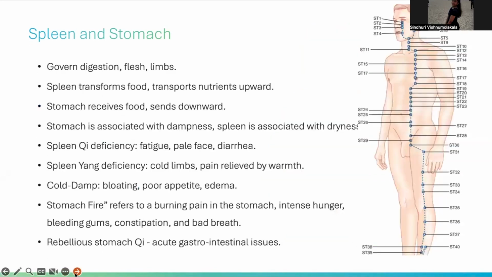And then stomach, as you can see, starts here in the head and travels down to your legs. Now, as we already said, they govern digestion because it includes stomach, and they also govern flesh and the limbs.